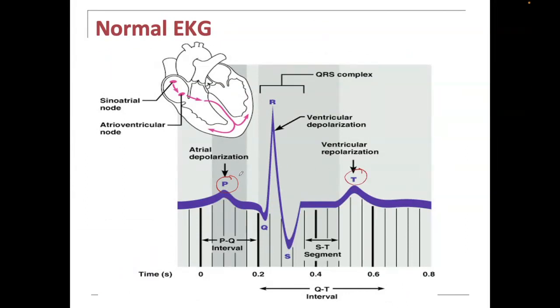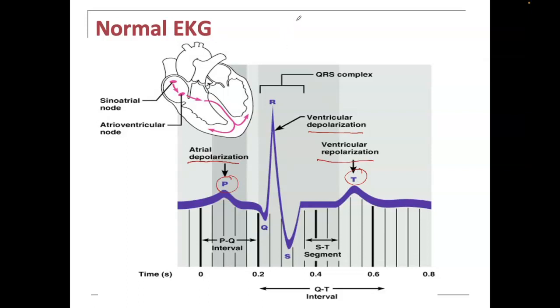Now, next to each of these, we see that the P wave is happening during atrial depolarization. The QRS wave is happening during ventricular depolarization. The T wave is happening during ventricular repolarization.